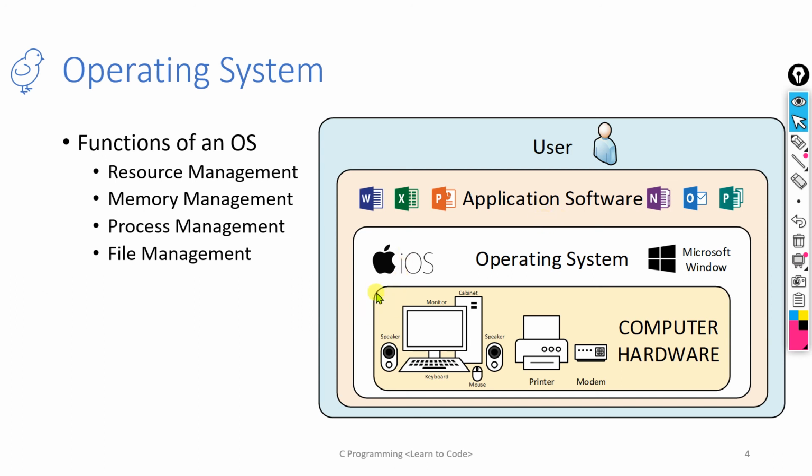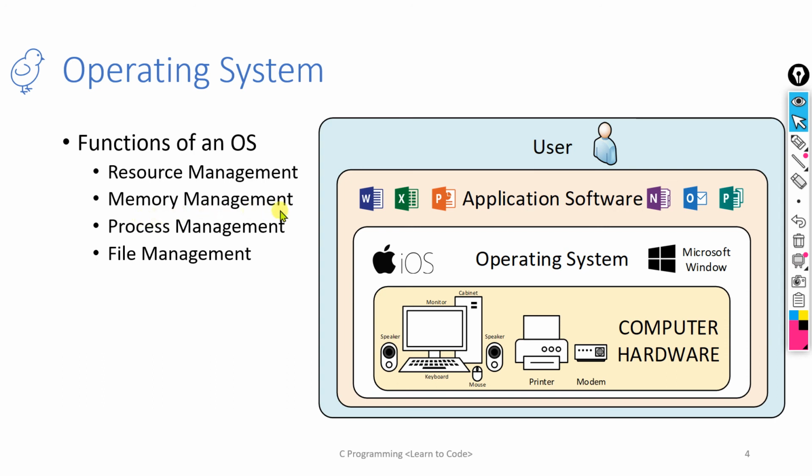Okay, so generally what is the function of an operating system? There are mainly four functions. Resource management: resources means memory and any hardware devices, those are called resources. Memory system: how much memory has already been used, how much memory is left, how to manage that memory properly. Those things will be managed by your operating system through resource management.